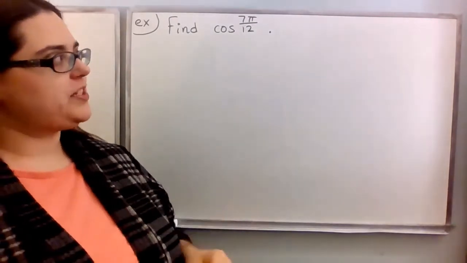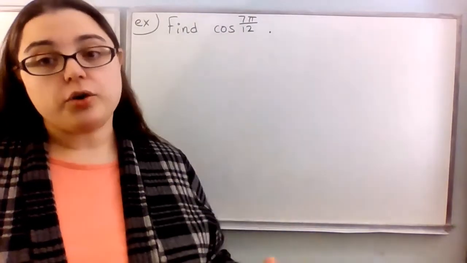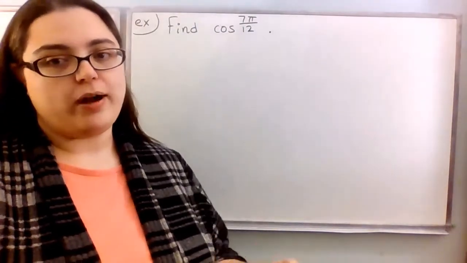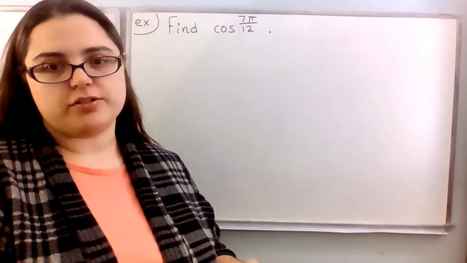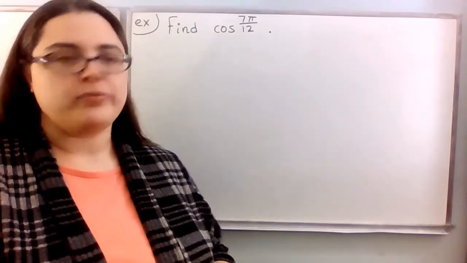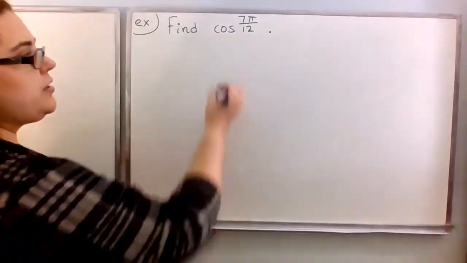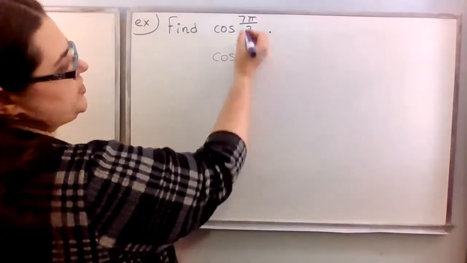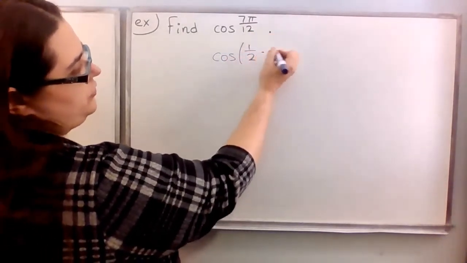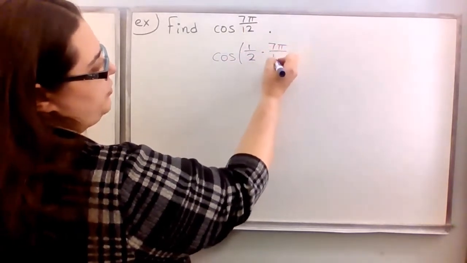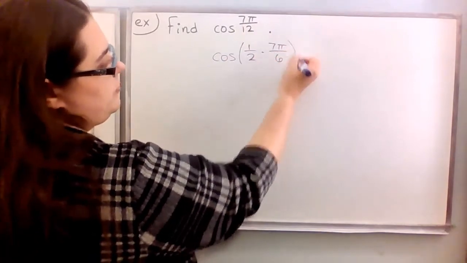When you have a particular angle, remember our goal is to rewrite this angle in terms of angles we know about. We know about integer multiples of pi, we know about pi halves, pi thirds, pi fourths, and pi sixths. A half angle formula is going to be helpful here because cosine of 7 pi over 12 is the same as cosine of 1/2 times 7 pi over 6.